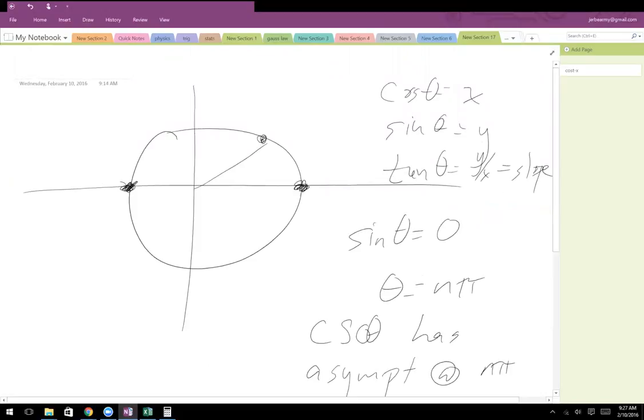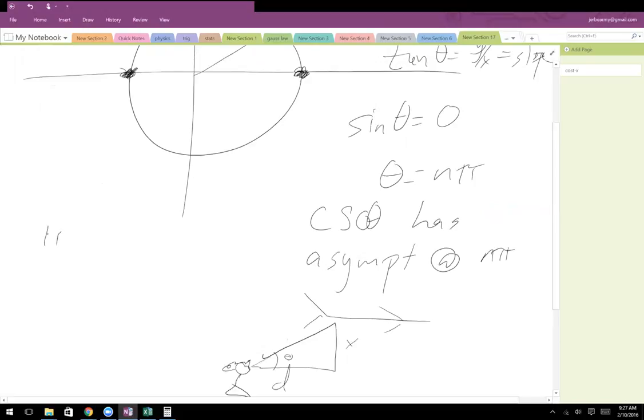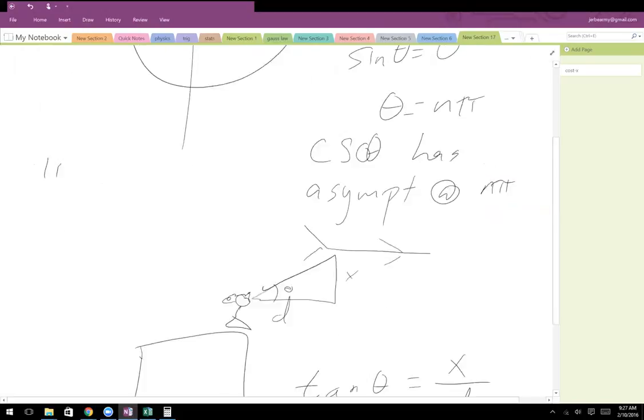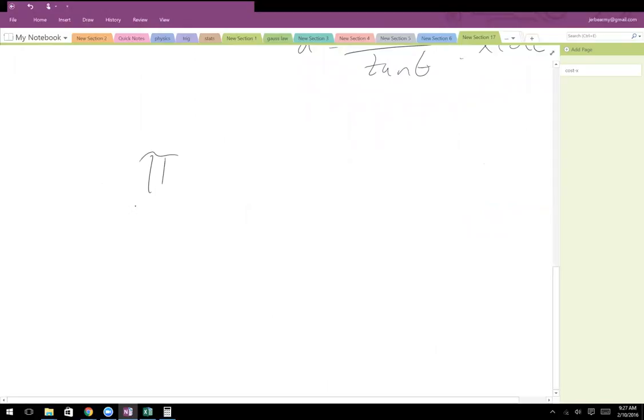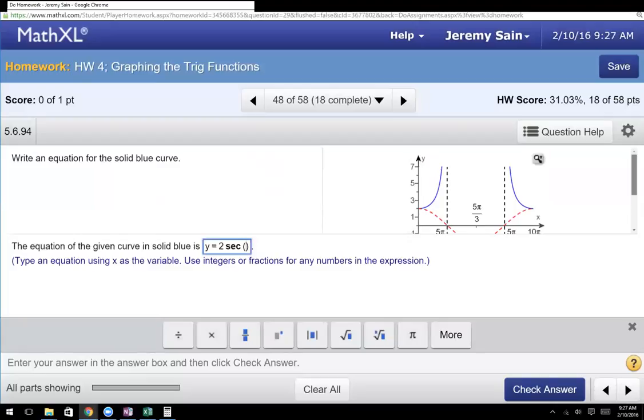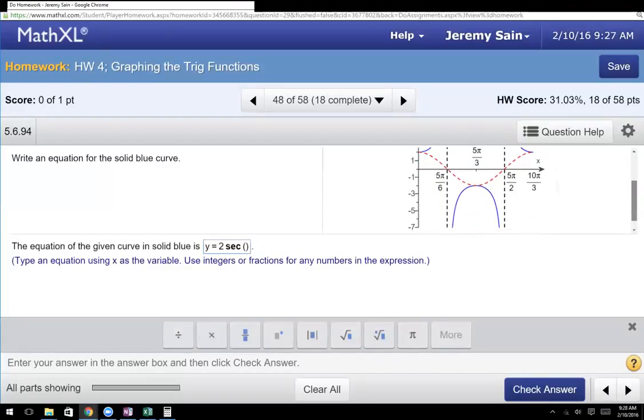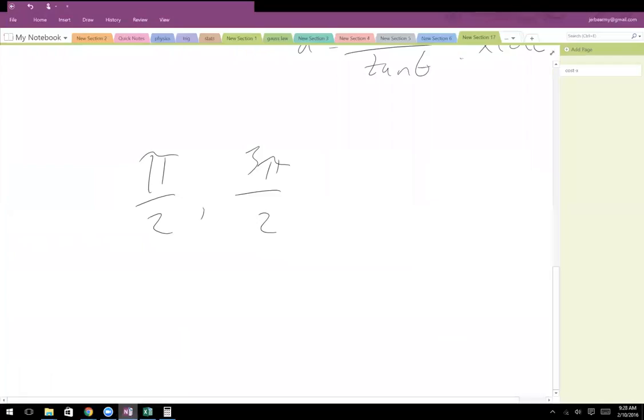Because secant is 1 over cosine. So where cosine is 0 is also where secant has an asymptote. Pi over 2 and then 3 pi over 2. Yes. So my asymptotes normally are going to be at pi over 2 and 3 pi over 2. Where are they in this picture? Oh, 5 pi over 6 and 5 pi over 2.